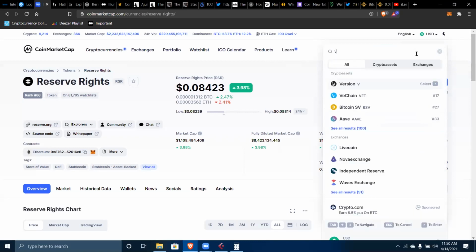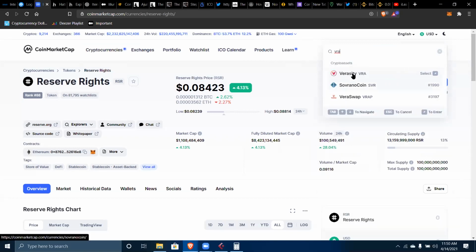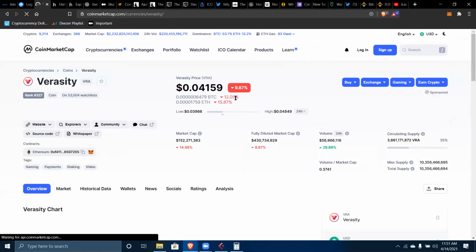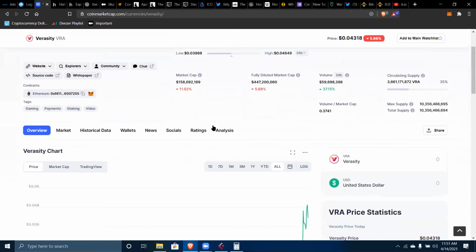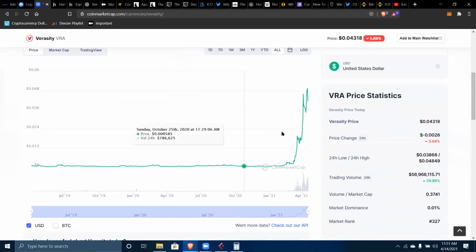And another one is VRA. Now, VRA is one that has already really performed, but still has so much upside potential. I mean, Binance has not even listed the coin yet. Are you kidding me? So VRA is a very solid coin. We got in early also, since December.